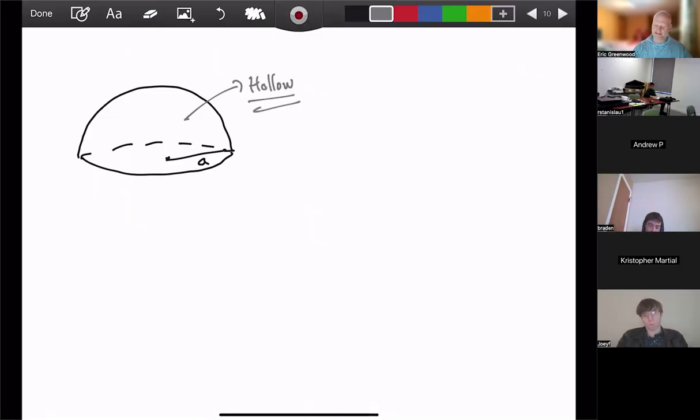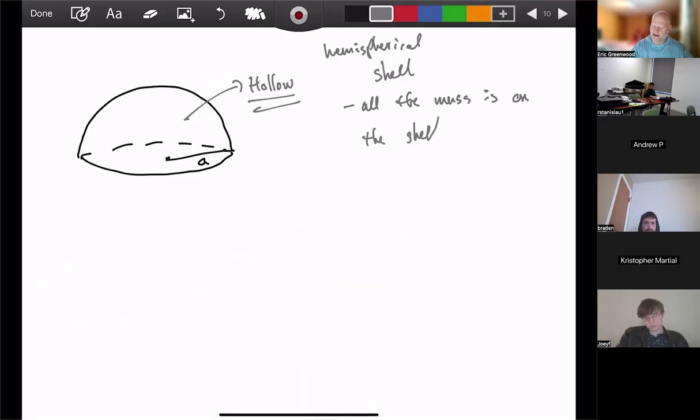So basically, it's just a hemispherical shell, meaning that all the mass is on the shell, nothing on the interior.